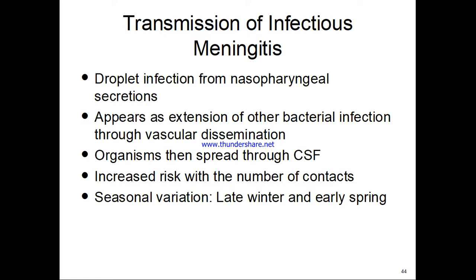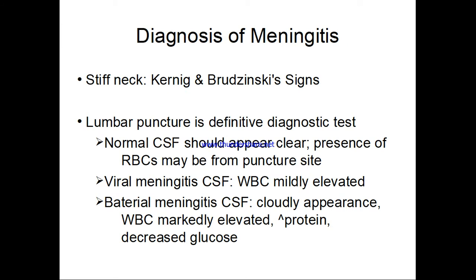Once this is in the CSF, this can spread by droplet pretty quickly among children. Large numbers have gotten it at once through contact at school. There is a seasonal variation. We seem to see flares of it in the late winter and early spring.